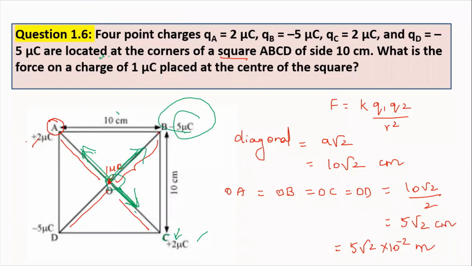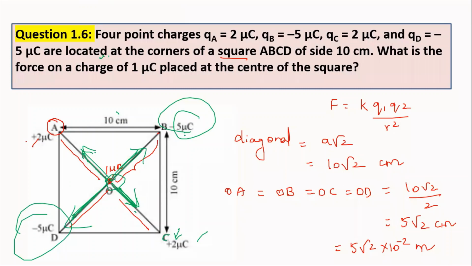So the direction will be along OB. Similarly here, this charge will be attracted in this direction towards the negative charge. So this will also be along OD. So FB and FD will be attractive, whereas FA and FC are repulsive. Okay. Now do the calculation.